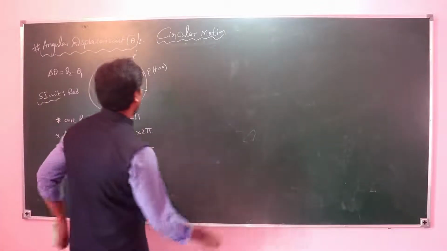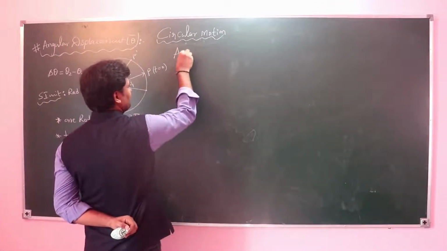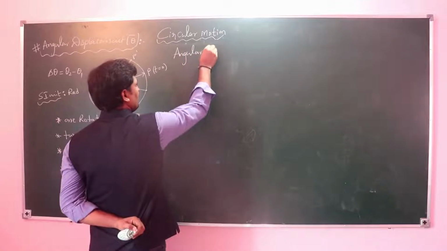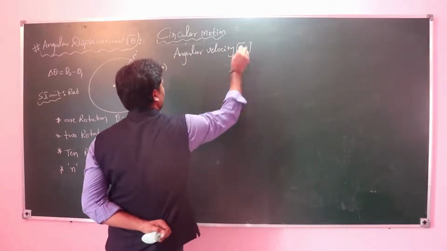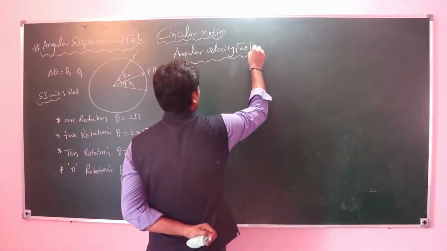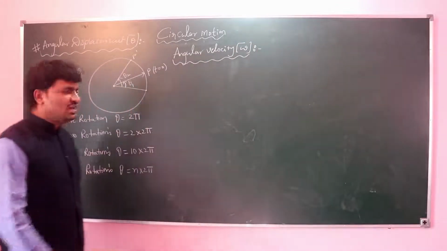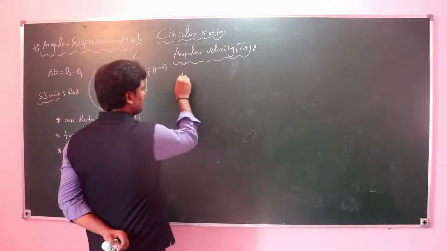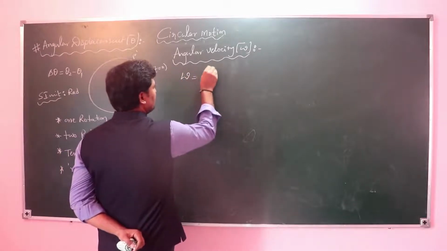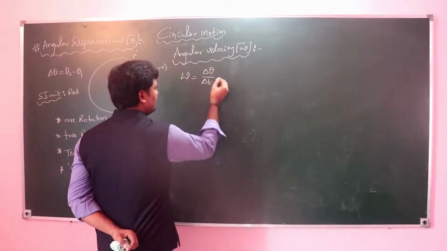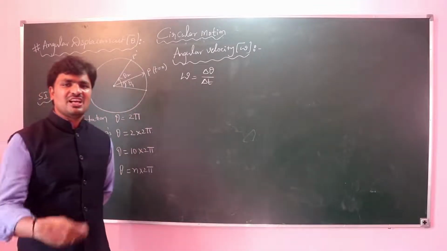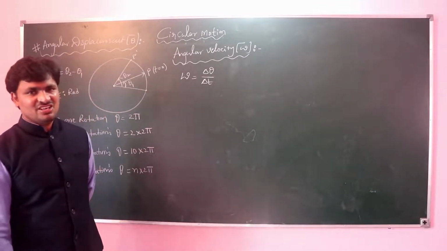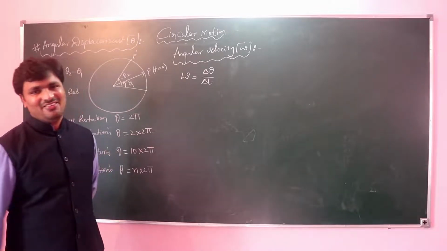Next we have angular velocity. We represent it with the letter omega. Angular velocity means simply the rate of change of angular displacement. We can take average angular velocity or instantaneous angular velocity.